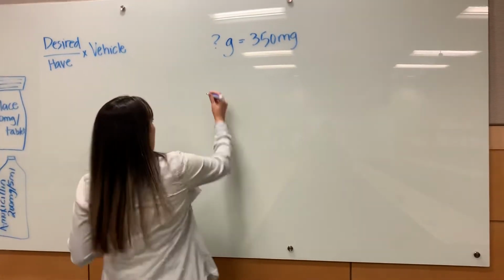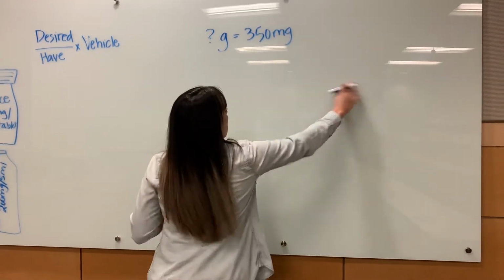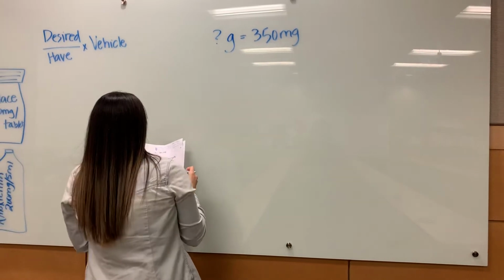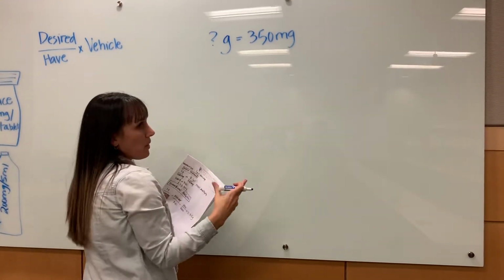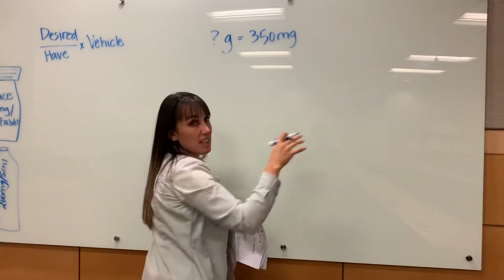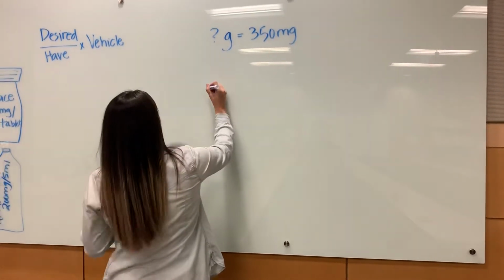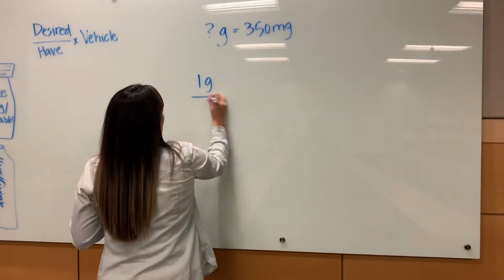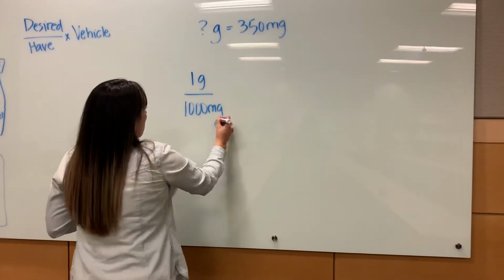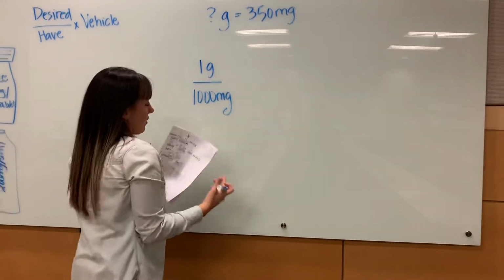With dimensional analysis, I'm going to multiply all the top and multiply all the bottom and get to the end. So I want to think about what I want to end up with. What I want to end up with is grams. So I'm going to keep my grams in the numerator spot. I'm going to set up my relationship again, which is 1 gram equals 1,000 milligrams.